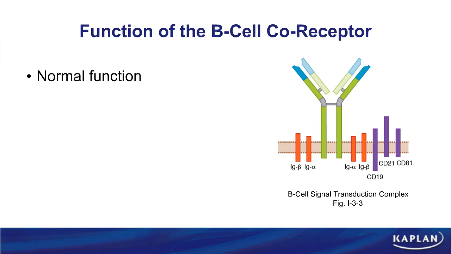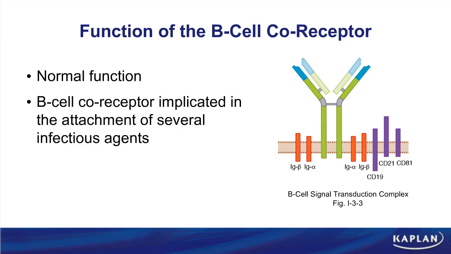The normal function of the B cell co-receptor physiologically is to bind to complement and serve as a signaling molecule to help activate B cells without T cell help. USMLE really enjoys the fact that the co-receptor is an attachment point for several different types of infections. CD21 is probably the most high yield, and you really need to know that it serves as the receptor for EBV.